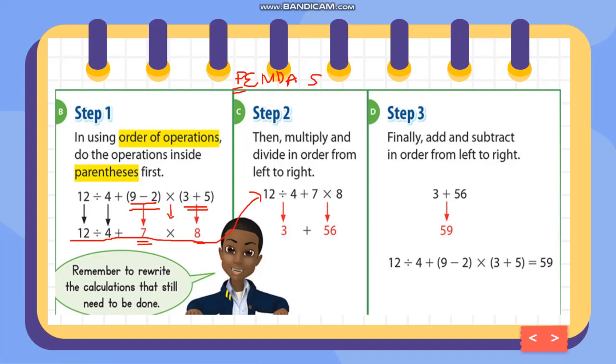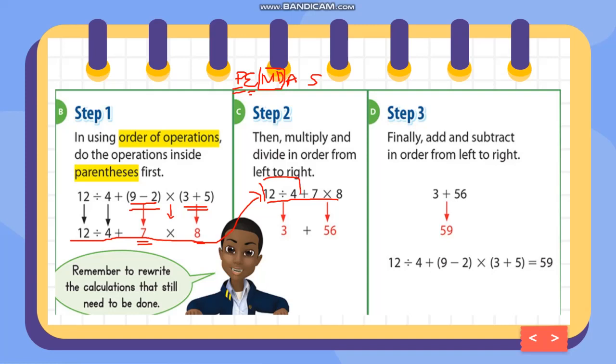Then after that, you're going to multiply and divide in order from left to right, because after the parenthesis comes exponent, and we don't have exponent. The next step is multiplication and division. So do we have multiplication and division from the given? Yes. Okay, but the division comes first. That's why we need to divide first. 12 divided by 4 is 3.